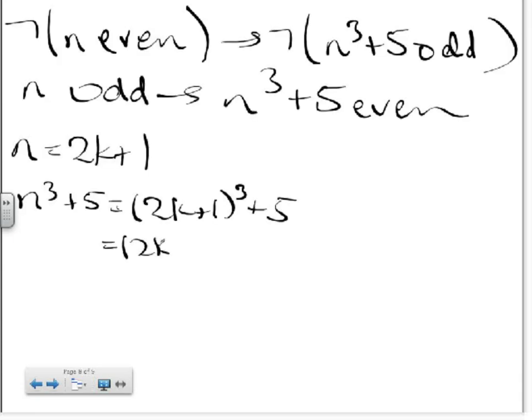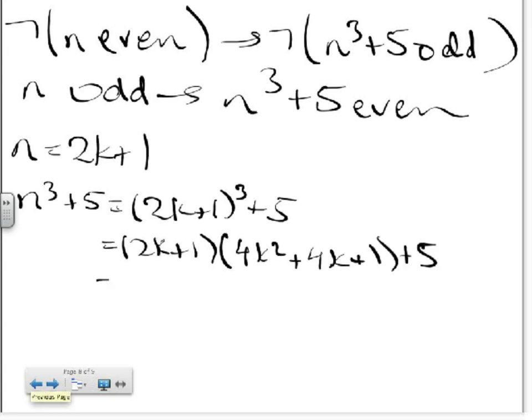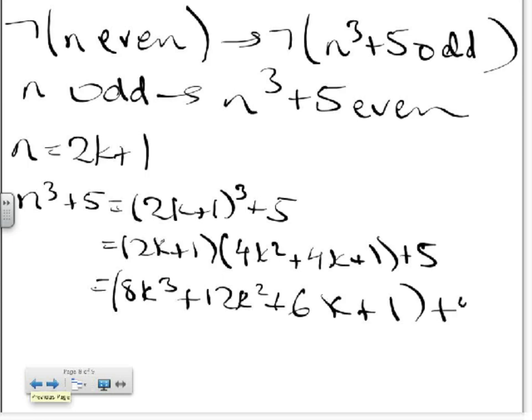We'll get (2k plus 1) times (4k squared plus 4k plus 1), and then we can't forget the 5 on the end. If we look at this, we get 8k cubed, 12k squared, 6k, and 1. And then, again, can't forget the all-important 5 on the end.